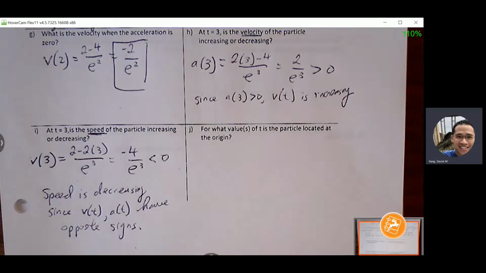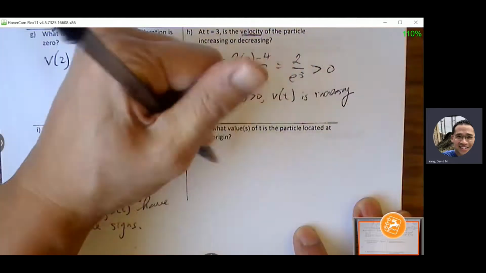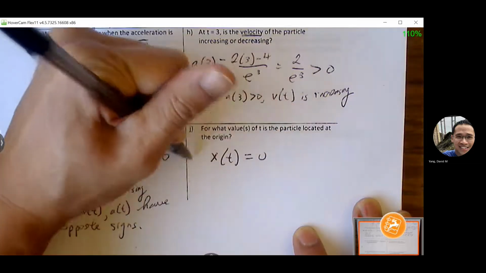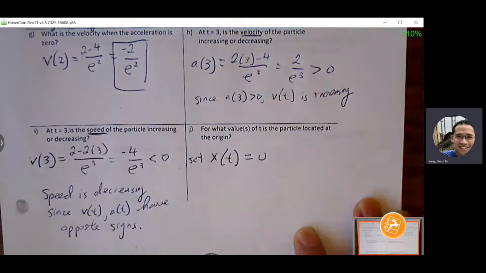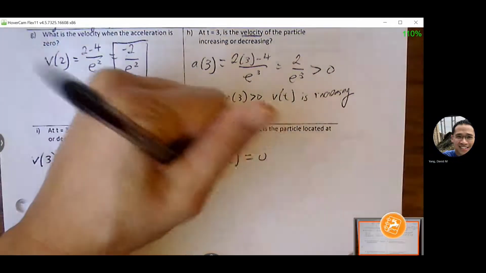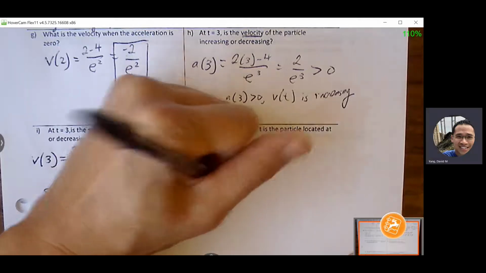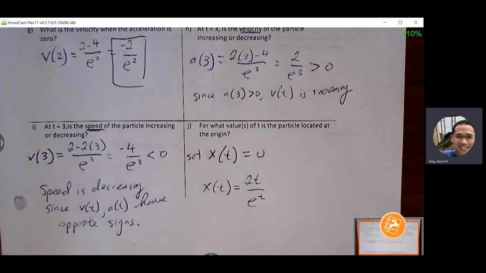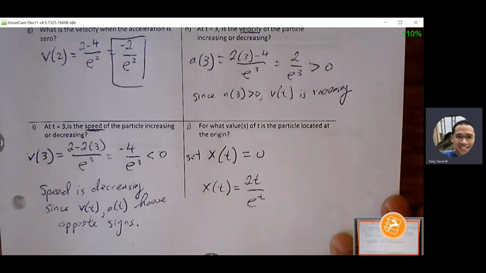For part J, for what value of t is the particle located at the origin? So at the origin, that just means where x of t is 0. So we set x of t equal to 0. And it's just going to be the numerator, okay? If we set the denominator equal to 0, then we're looking for where the position is undefined, and that's not quite what we want, so just the numerator.